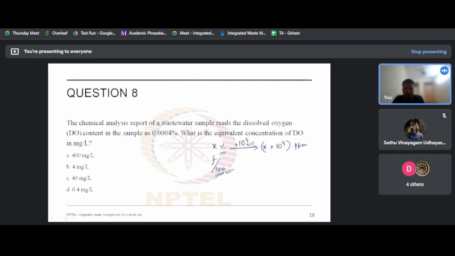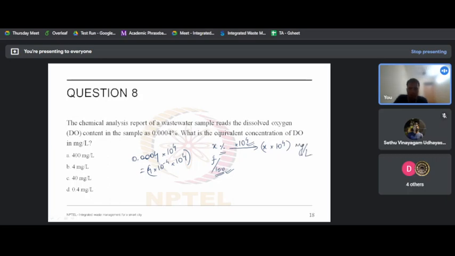So here we had 0.04 in percent. So we'll multiply this by 10 to the power 4. So this is nothing but 4 into 10 to the power minus 2 into 10 to the power 4. This would take it to, sorry, not ppm here. Let's change this unit. It should be mg per liter.